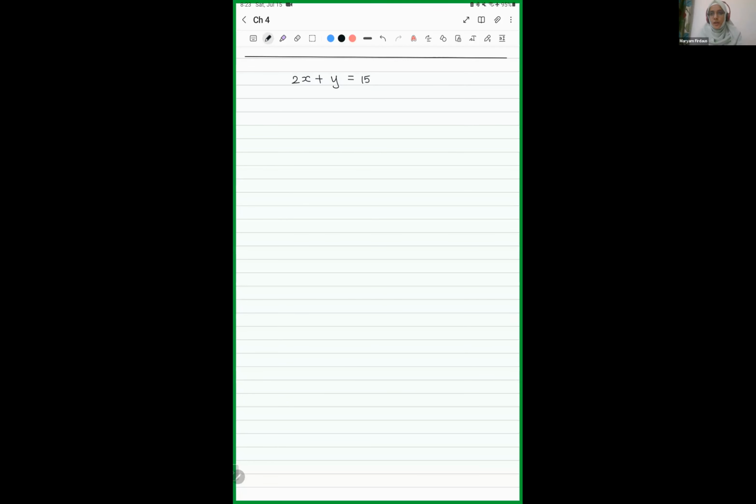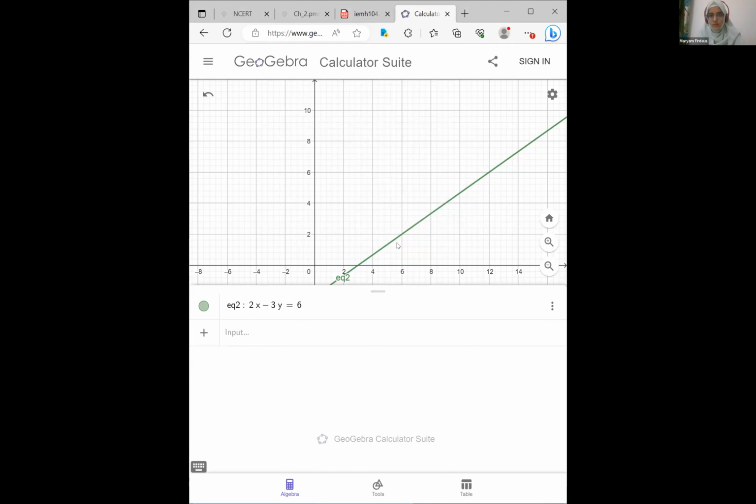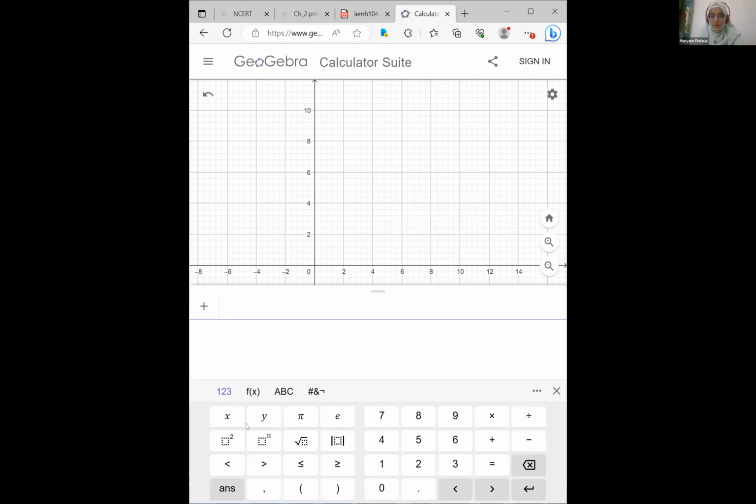Now I'm going to share another screen. Let me first delete this and delete this as well. He said 2x plus y equals 15.